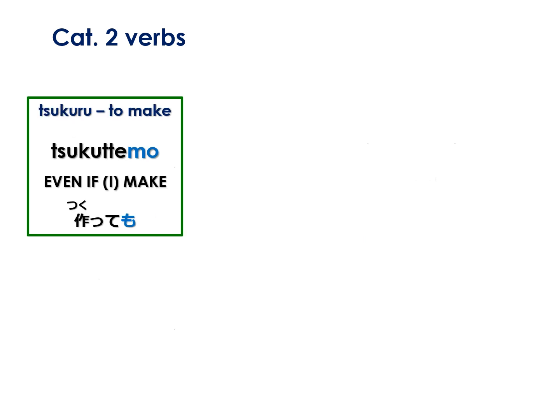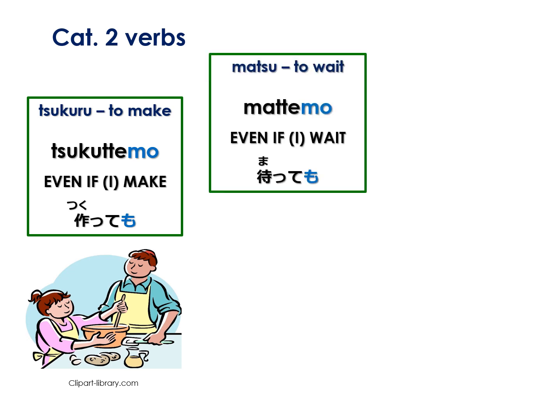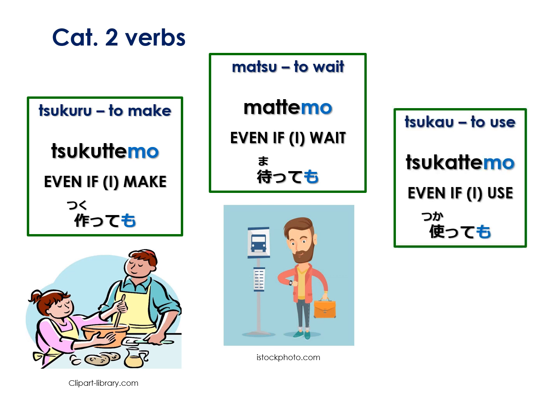Tsukuru means to make, and tsukutemo means even if I make. Matsu means to wait, and mattemo means even if I wait. Tsukau means to use, and tsukattemo means even if I use.